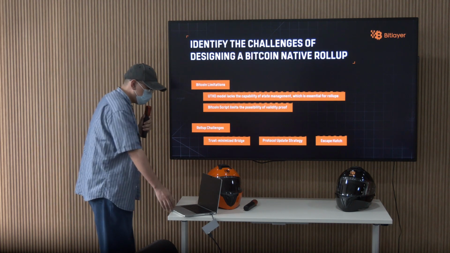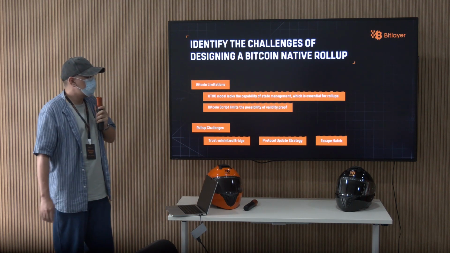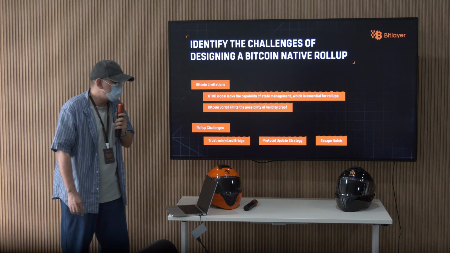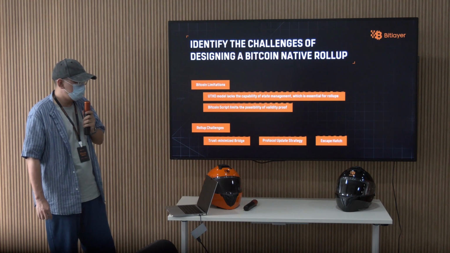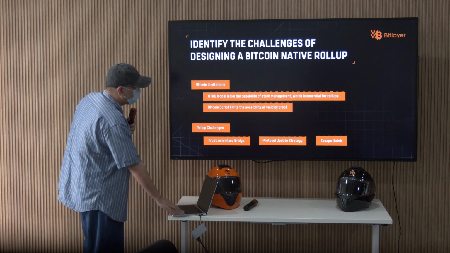All of these challenges require thorough consideration, and a thoughtful solution is needed to create a really practical rollup protocol.